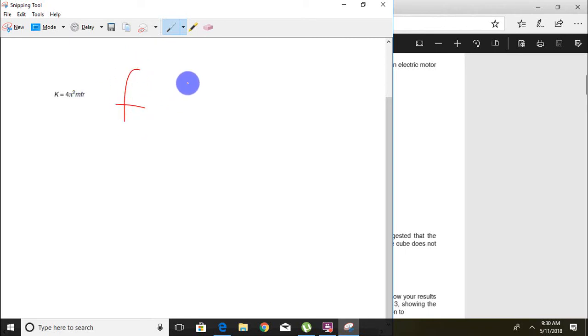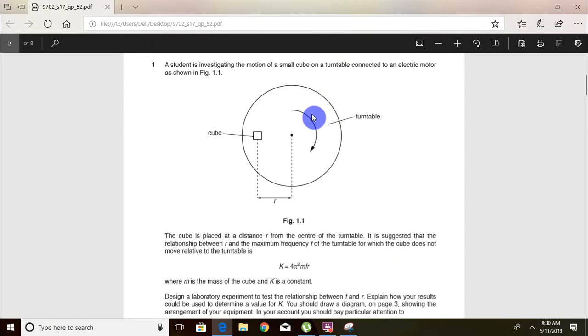And remember, this is f max. From a theoretical point of view, why would the cube leave at a certain frequency? Because what is holding the cube to the turntable? That is friction. Until friction is equivalent to or greater than the centripetal force, the cube is going to sit there.